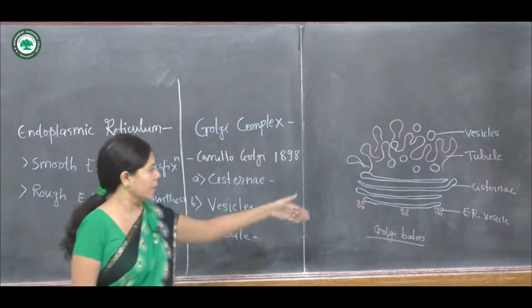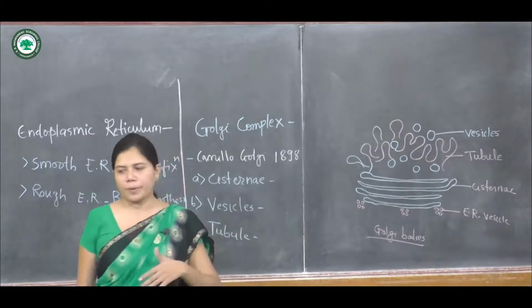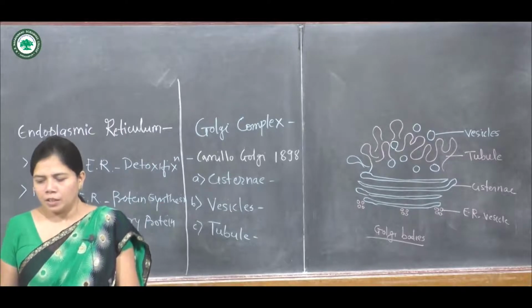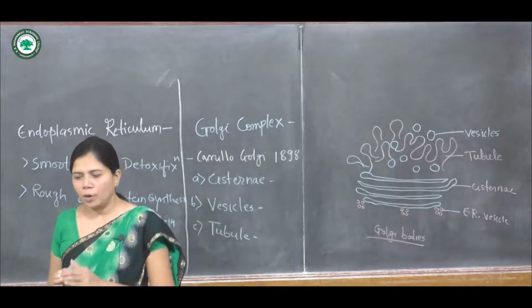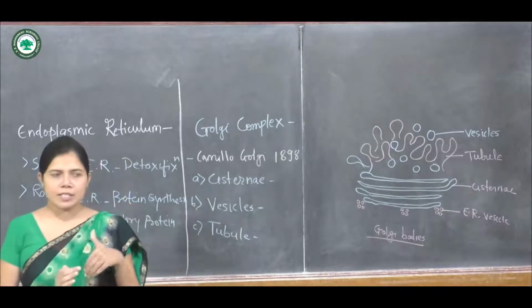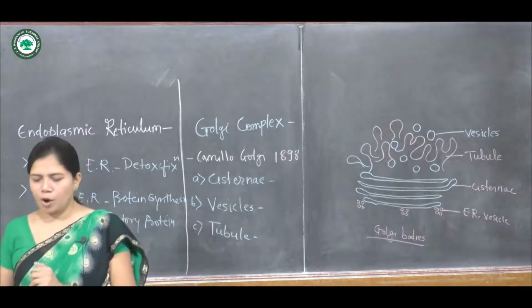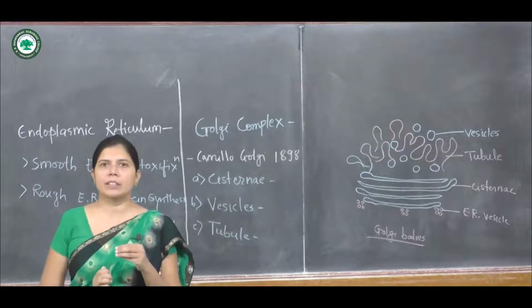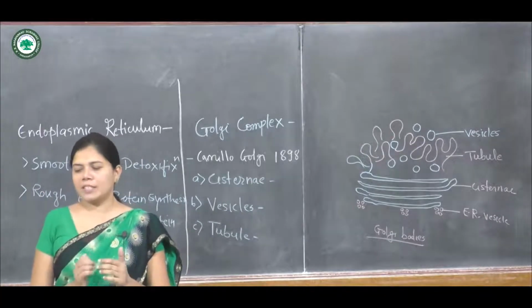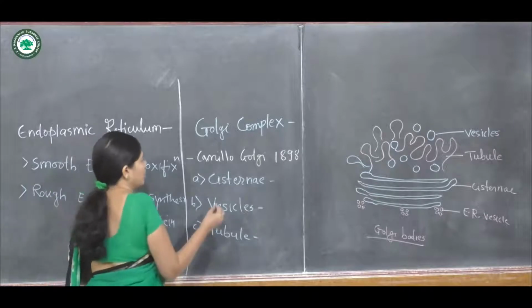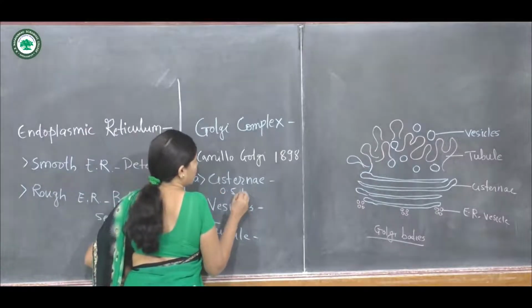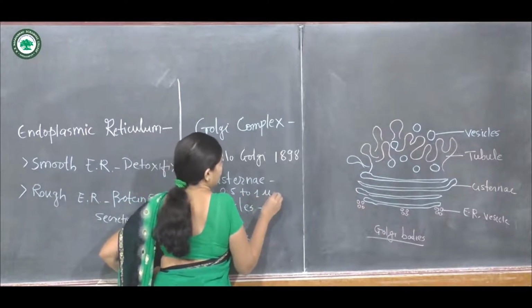The diameter of the cisternae varies from 0.5 to 1 micrometer.